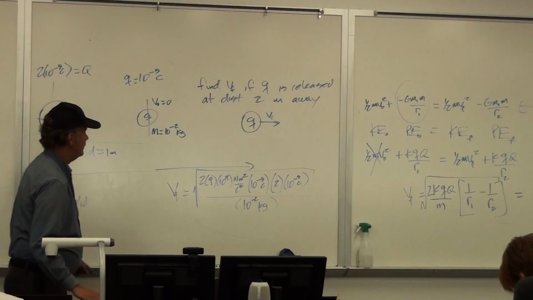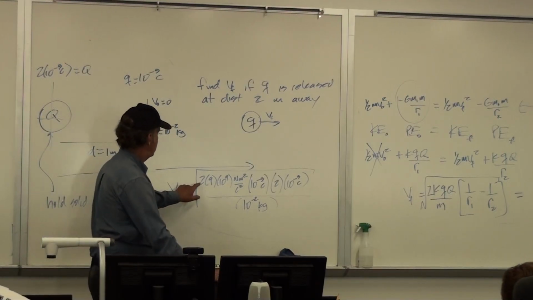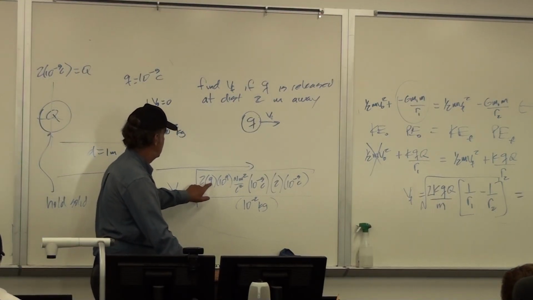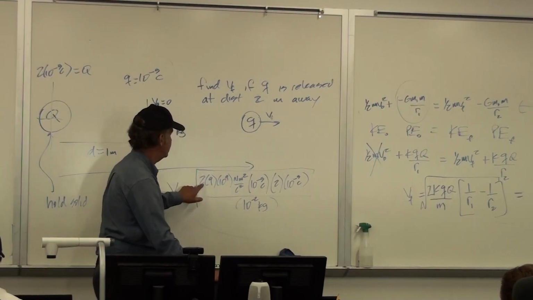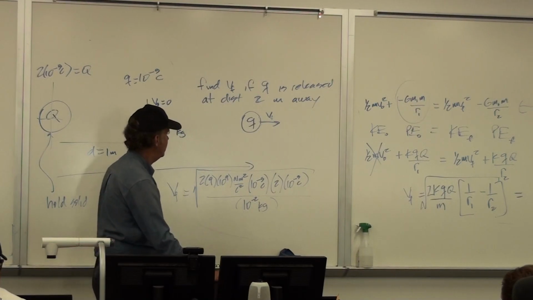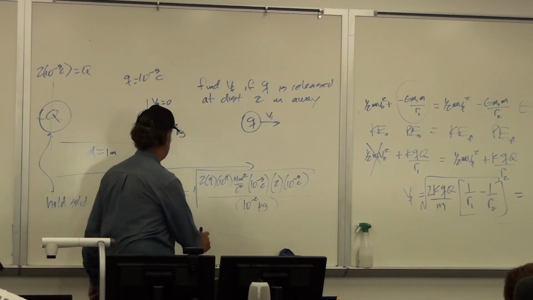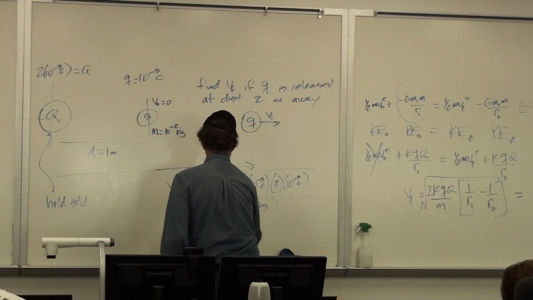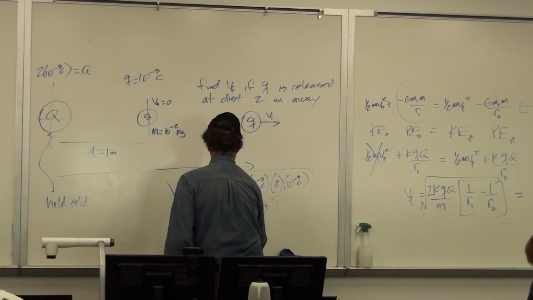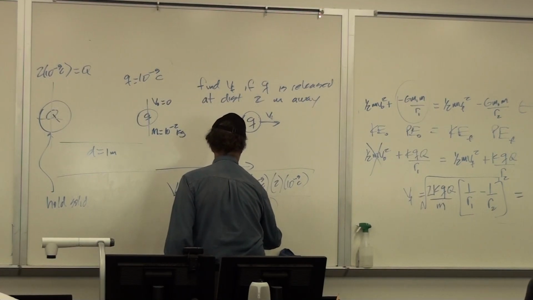Okay, so this is going to give me 9 times 4 is 36, times 10 to the minus 1. But then we'll bring this up, and that'll be 10 to the 2. So that's square root of 36 times 10 to the 3.